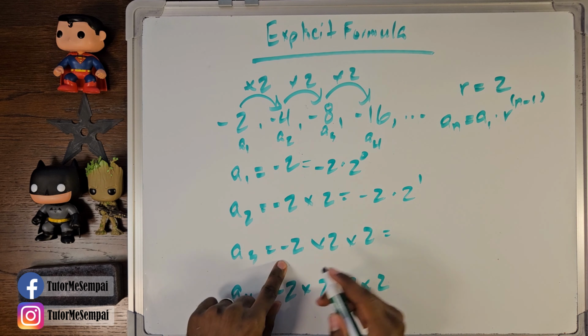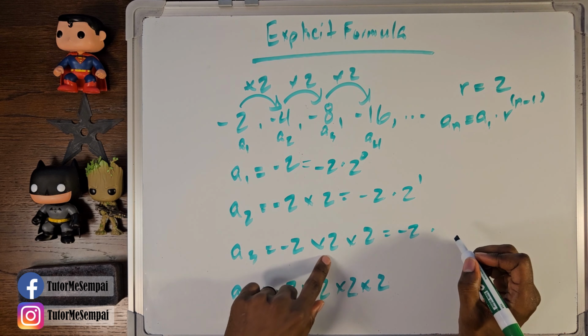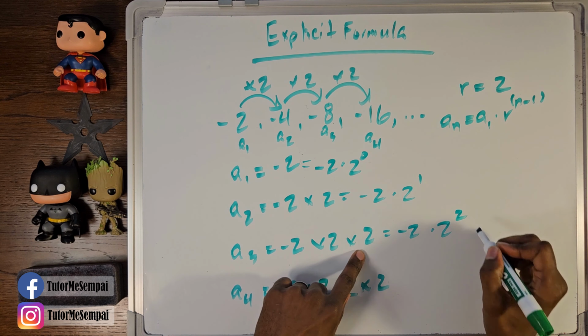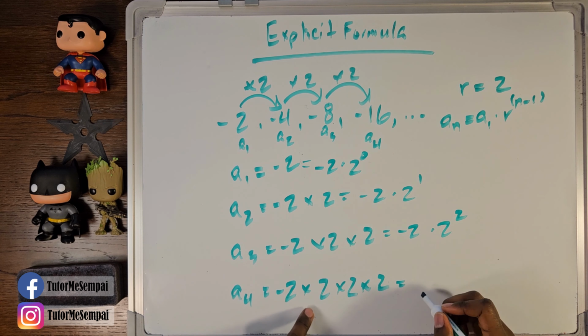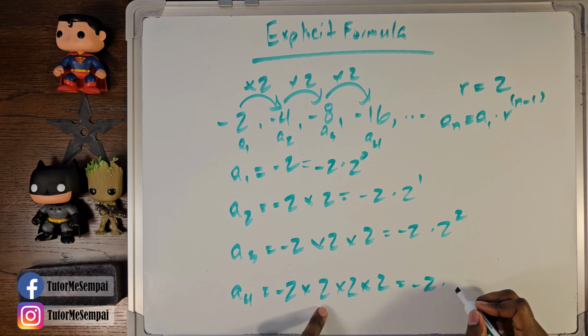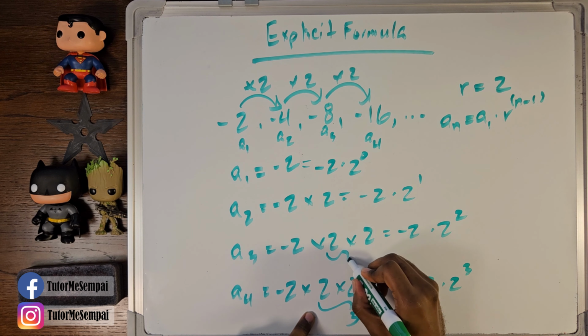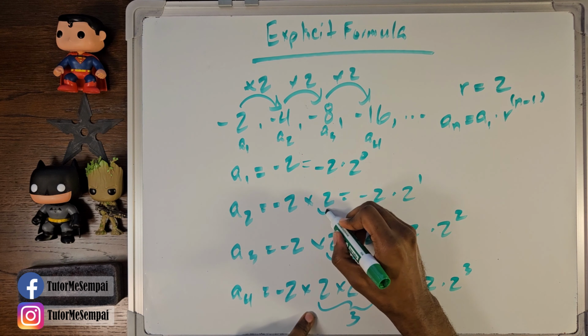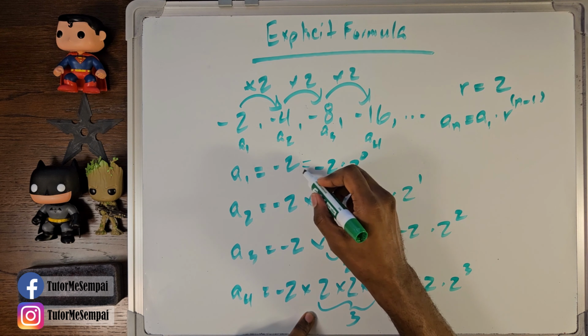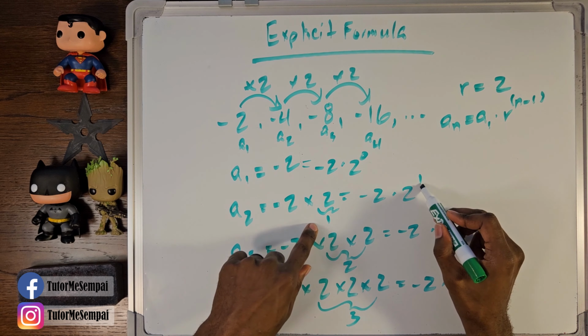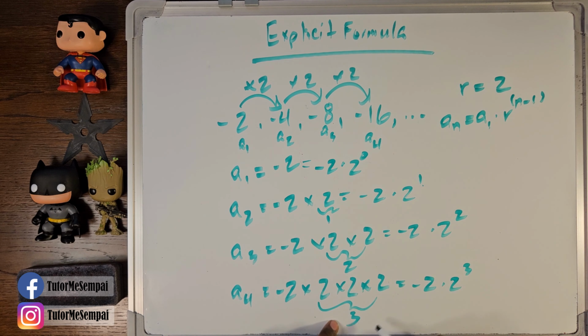We can write this as -2 times 2 to the second power. And we can write this as -2 times 2 to the third power. That's because we have 3 here, we have 2 here, we only have 1 here, and we have nothing here. So our exponent is how many 2's we're multiplying.